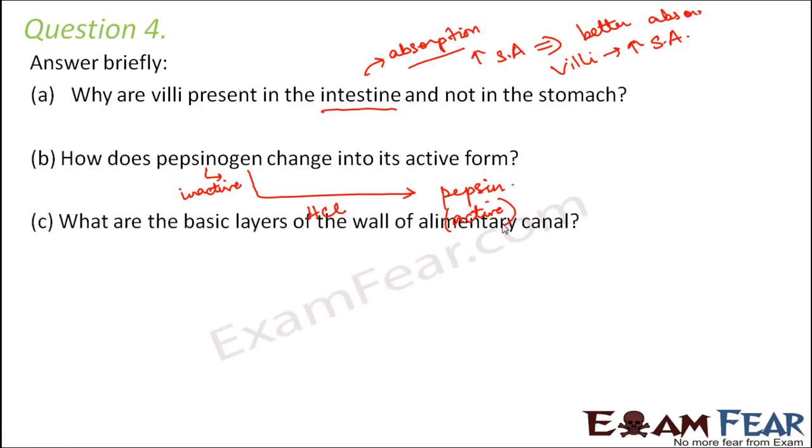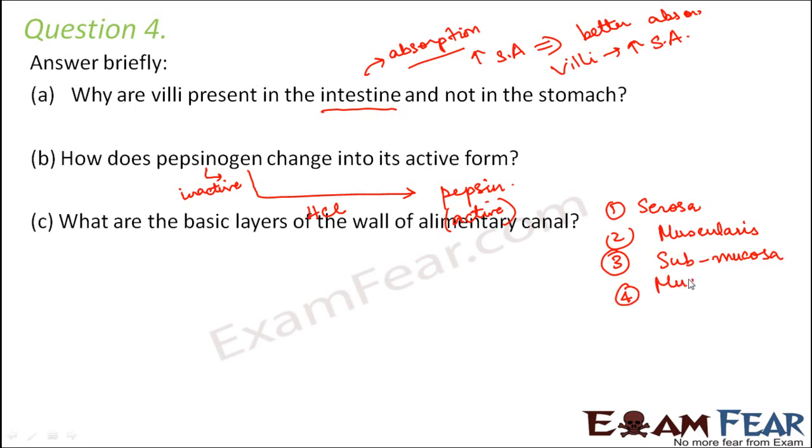What are the basic layers of the wall of the alimentary canal? We already discussed there are 4 layers. The outermost layer is the serosa. The next layer is the muscularis, which has 2 layers of smooth muscle cells, that is the circular layer and the cylindrical layer. The third one is the submucosa, and the last one, the innermost layer, is the mucosa.